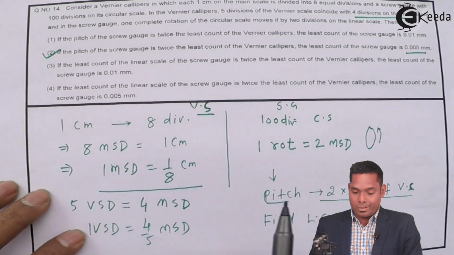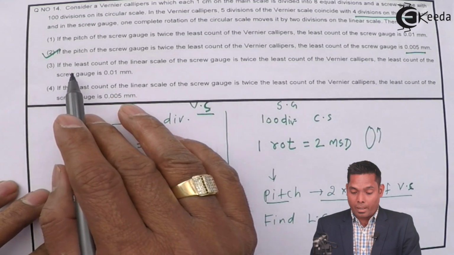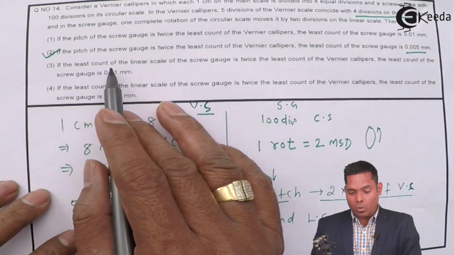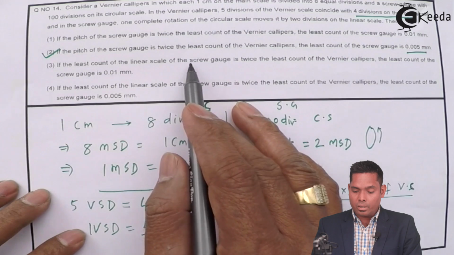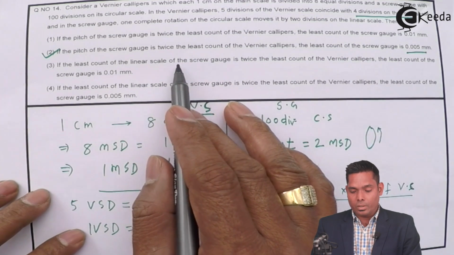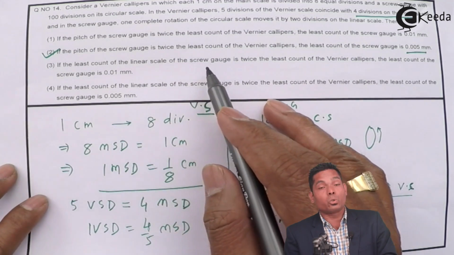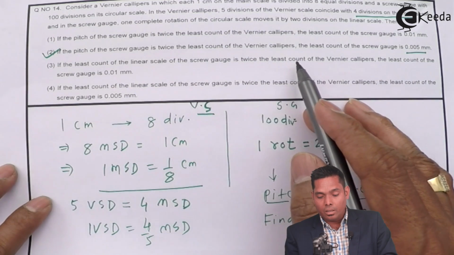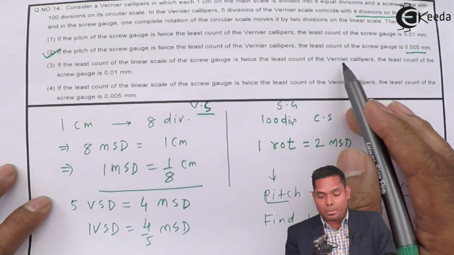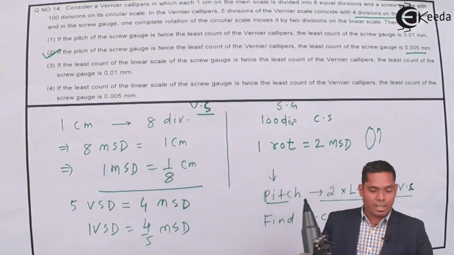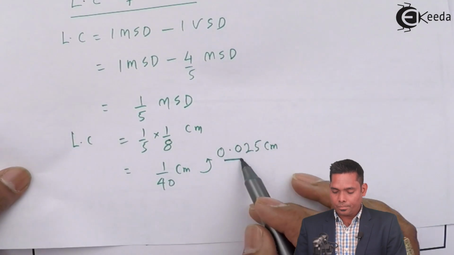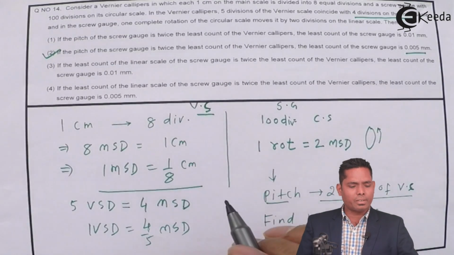Now in the next 2 options we have another situation. If the least count of the linear scale of the screw gauge is twice the least count of the vernier calipers. The least count of the vernier calipers, we have got 0.025 centimeter.